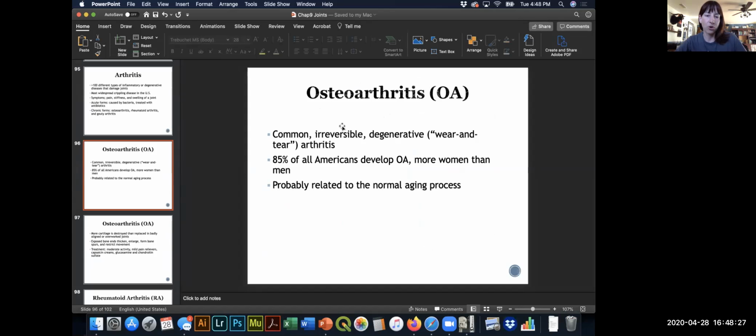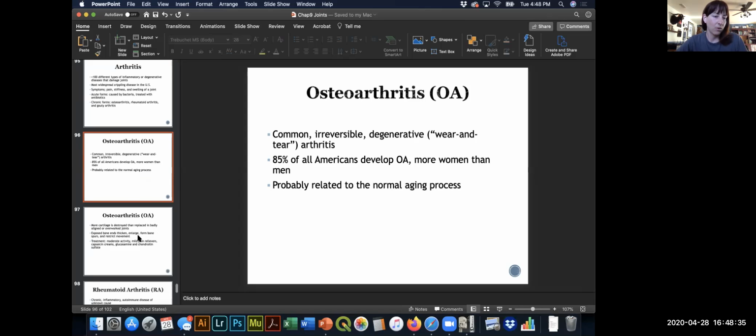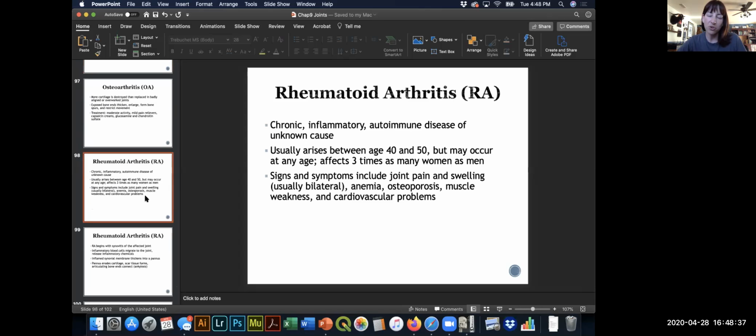So you've got wear and tear in all of your joints, and it's related to the normal aging process. You've got rheumatoid arthritis, which is actually an autoimmune disease. It's your own immune system attacking your joints as well as other places. So you usually have other symptoms besides just joint pain and swelling.